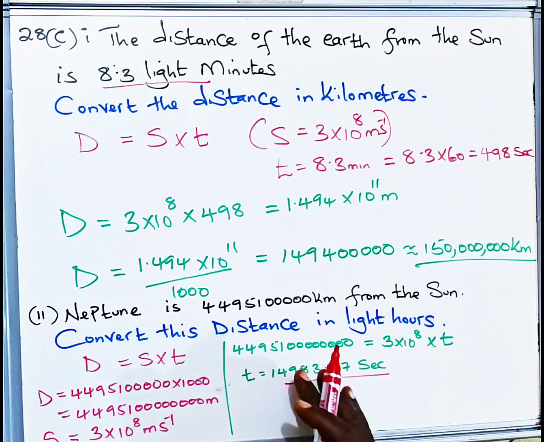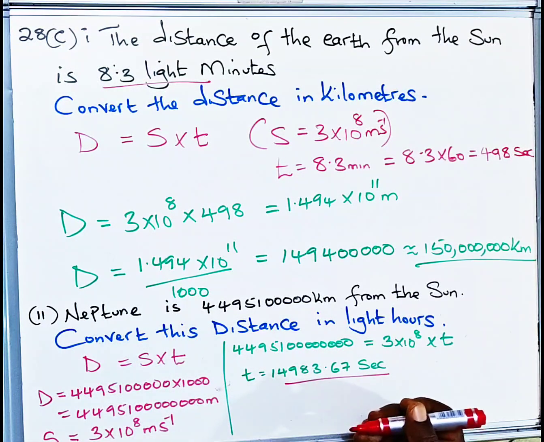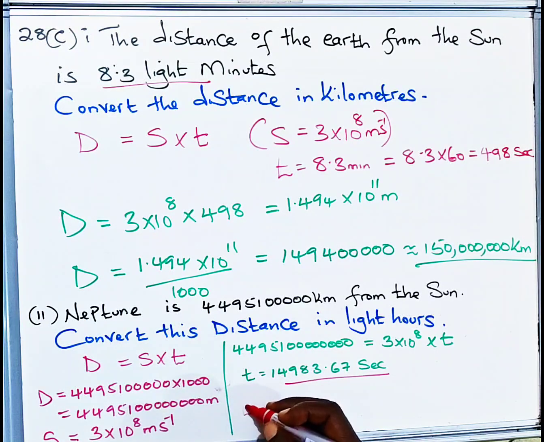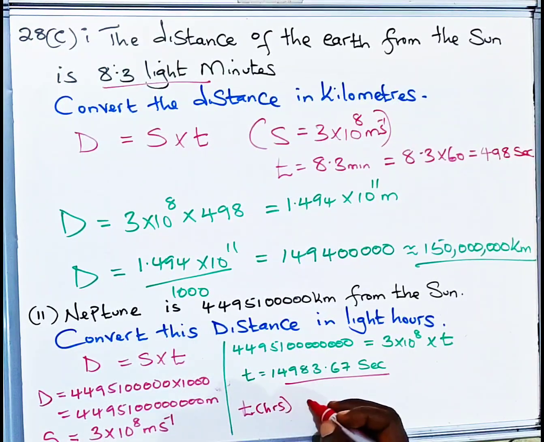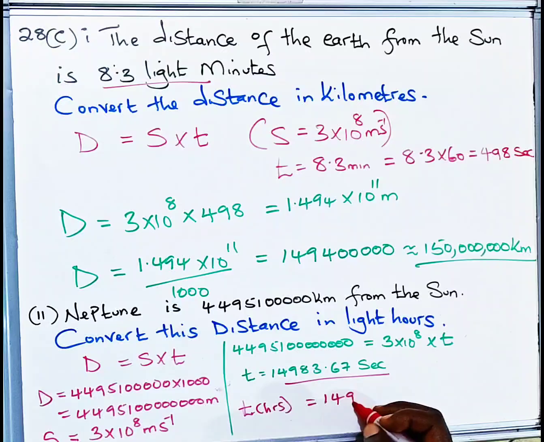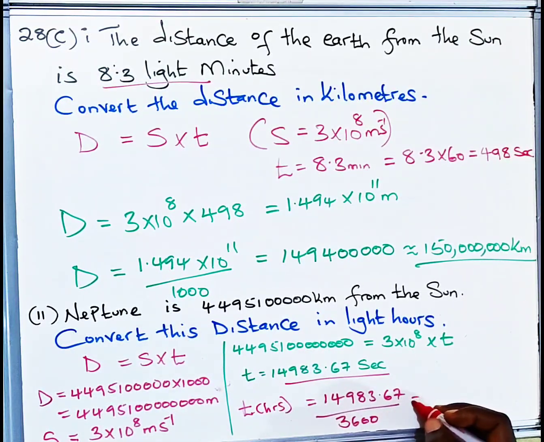So what do we do? You divide by 3600. So time in hours is going to be 14983.67 divided by 3600.